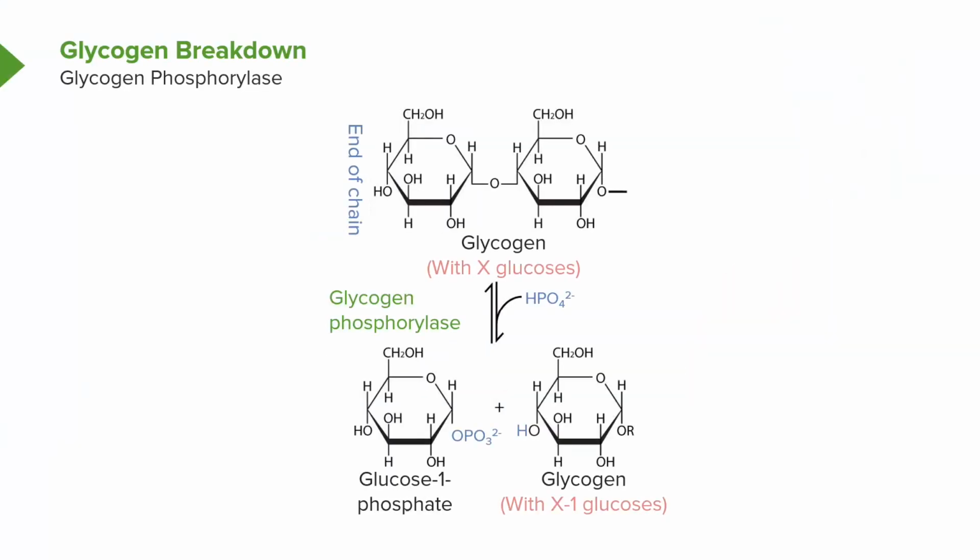Now, it's important to recognize that glycogen phosphorylase works only on ends. It doesn't cut in the middle, it works on ends, and it sequentially chews its way into a glycogen. So one of the reasons that the branchedness of glycogen is important is that the more ends there are, the more glycogen phosphorylases can start on ends and sequentially release a tremendous amount of glucose very quickly.